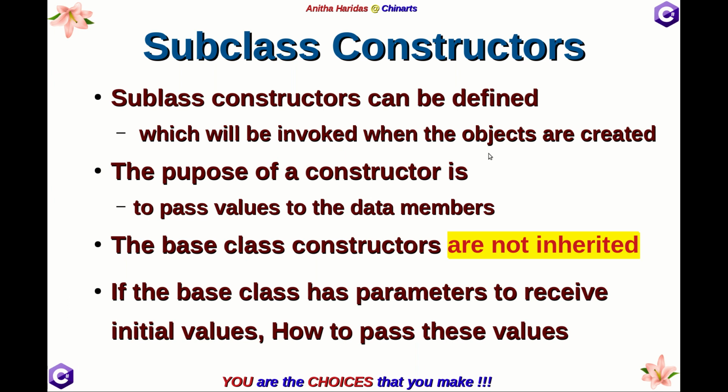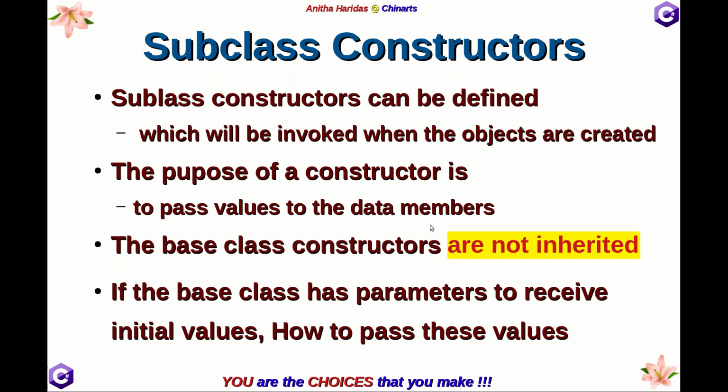Now, this video is going to describe how the subclass constructors are to be defined, and if we have values to be passed, how they can be passed to both the subclass as well as the base class. All of us know that the purpose of the constructor is to pass some initial values to the data members or the data fields.